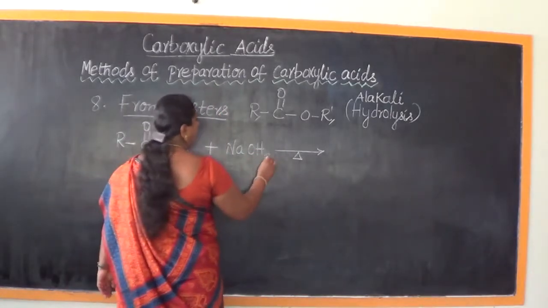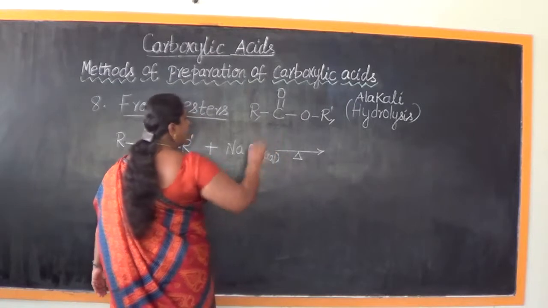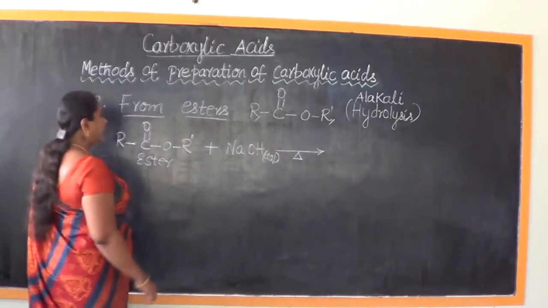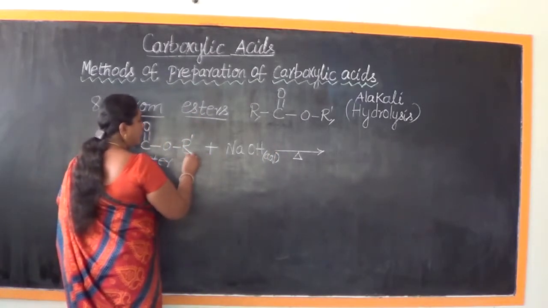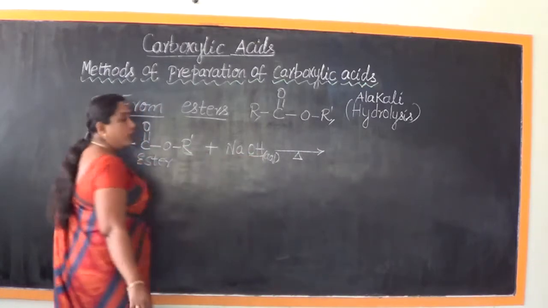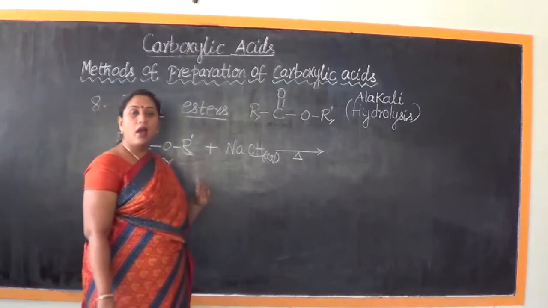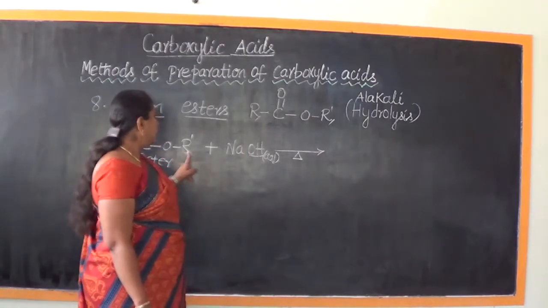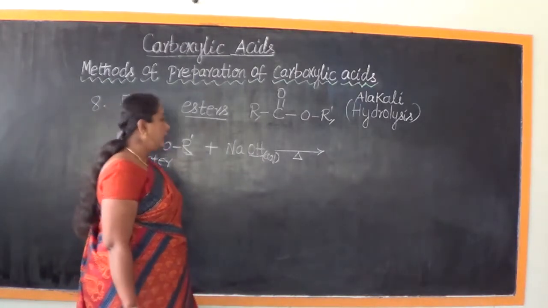And they are in aqueous condition. Now what happens? R dash will combine with OH, goes out as R dash OH, and in the place of R dash, Na will take up an attachment.